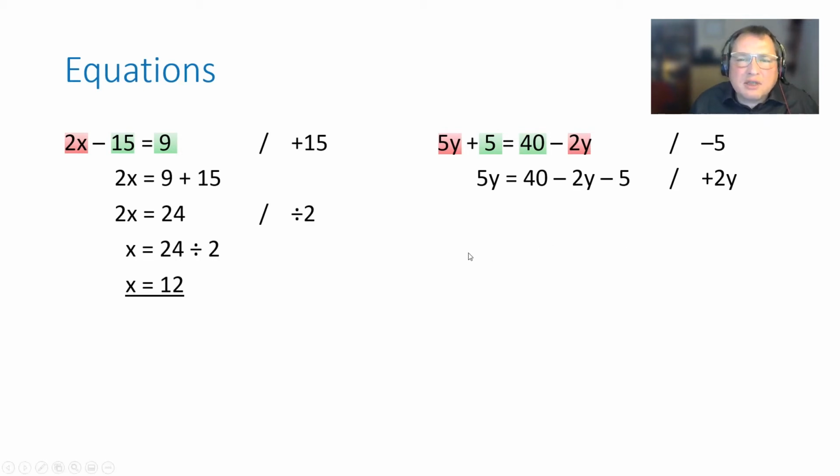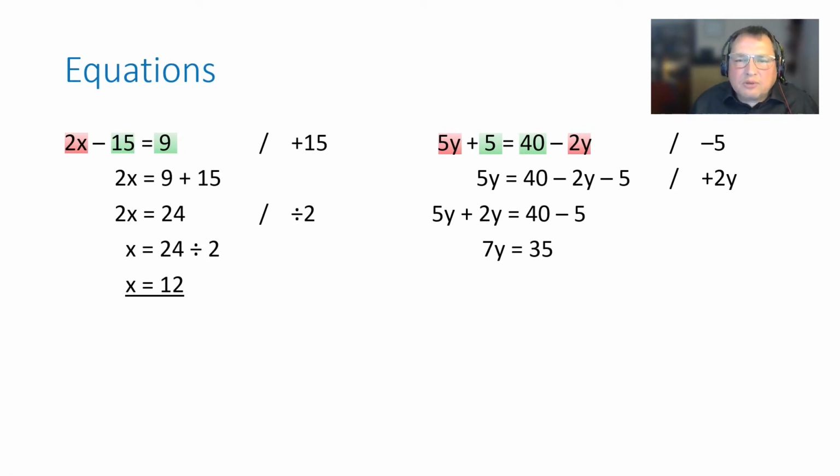So the left-hand side is now 5y plus 2y, and the right-hand side is 40 minus 5. Adding together left and right side, 5y plus 2y is 7y, and the other side, 40 minus 5 is 35.